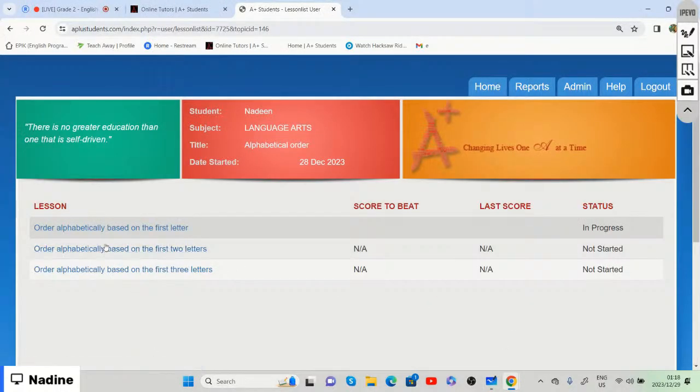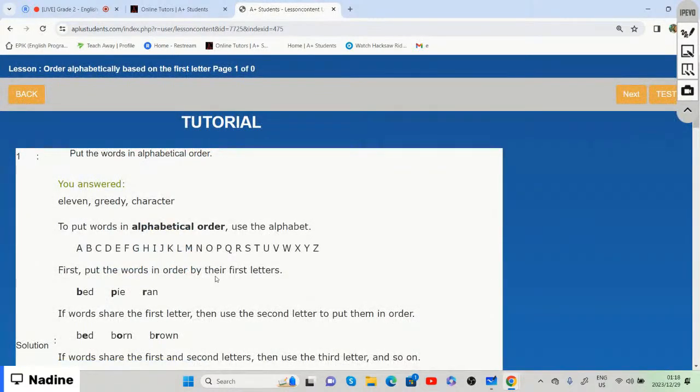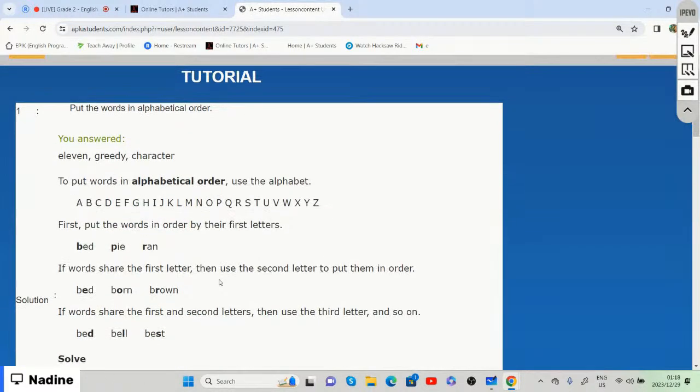All right, so we're going to the first one. Our chapter is alphabetical order. And we're going to the first lesson, which is to order alphabetically based on the first letter. We already made mention that to put the words in alphabetical order, we need to use the alphabet, which is A to Z. First, we put the words in order by the first letter.